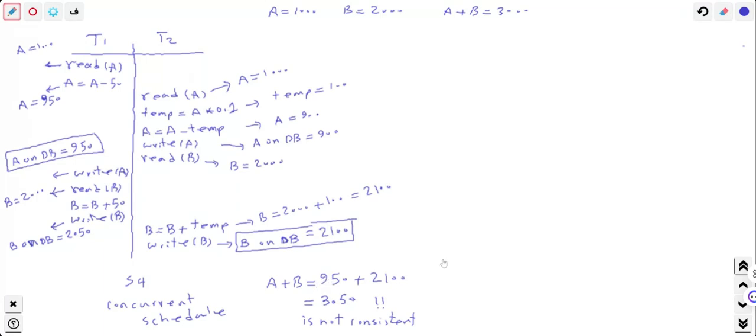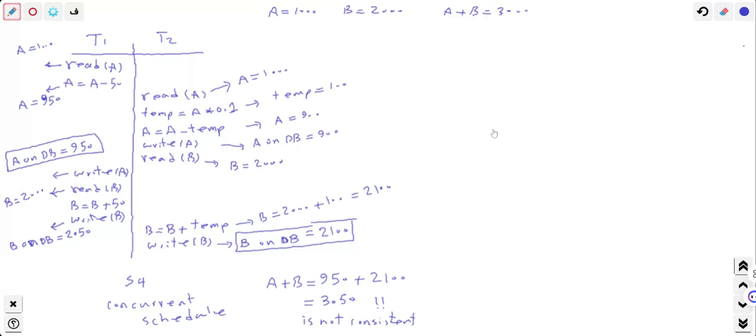Okay, so you see here a concurrent schedule that is not consistent because the order of execution of operations is not good.